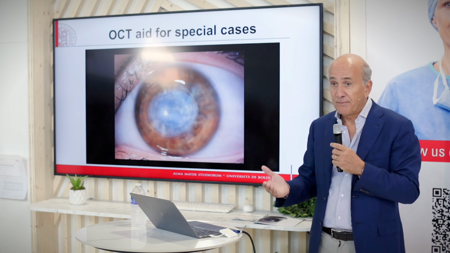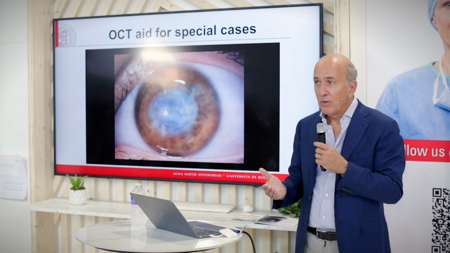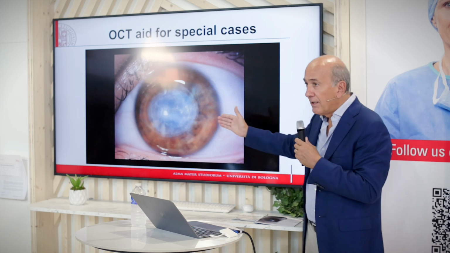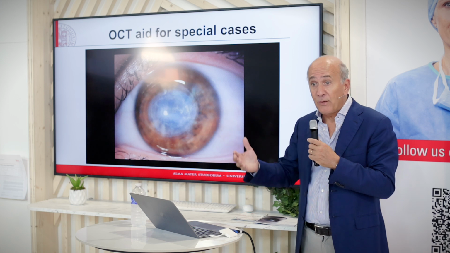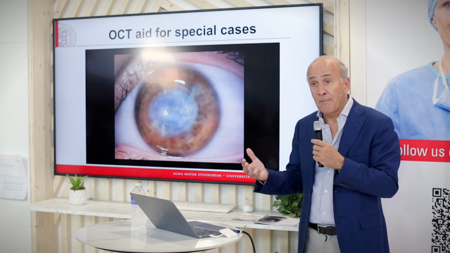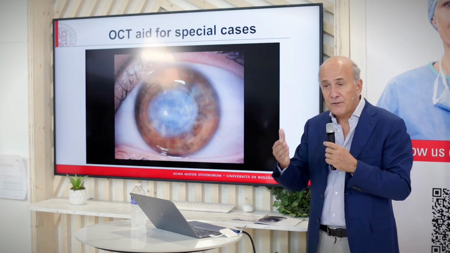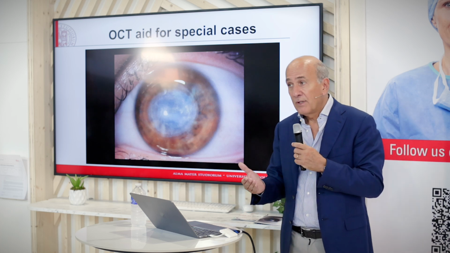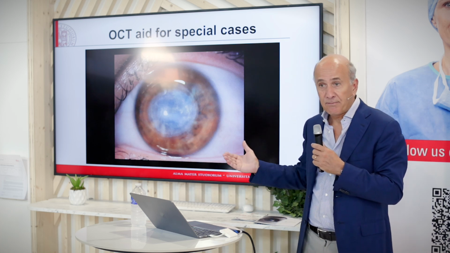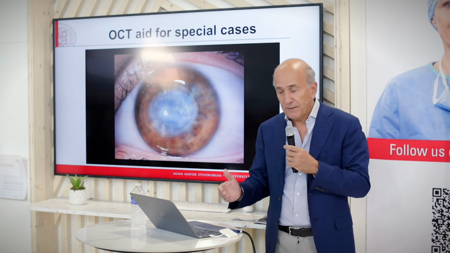But of course, we don't know if the scar is deep enough or not deep enough to allow you to perform a lamellar keratoplasty. Because if it's full thickness, it's unwise to do a lamellar keratoplasty in these cases. So how do we proceed?